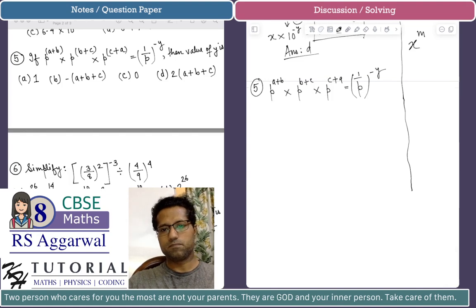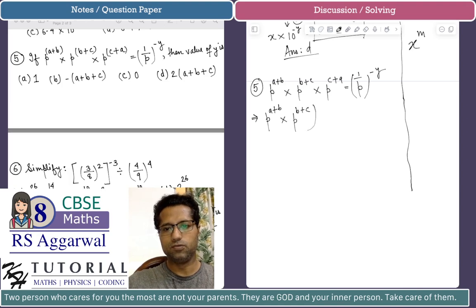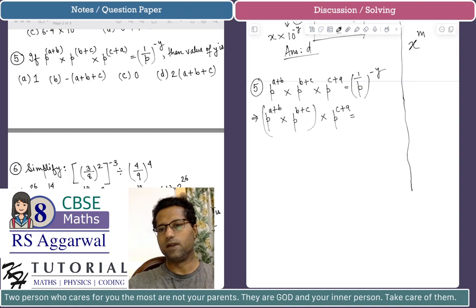Now the left hand side is a product of three exponential terms. If I consider p raised to the power a plus b multiplied by p raised to the power b plus c, if I do this first and let the remaining terms be as it is, in the right hand side I know that 1 by p is the reciprocal of p, that is p raised to the power minus 1, and I have whole raised to the power minus y.